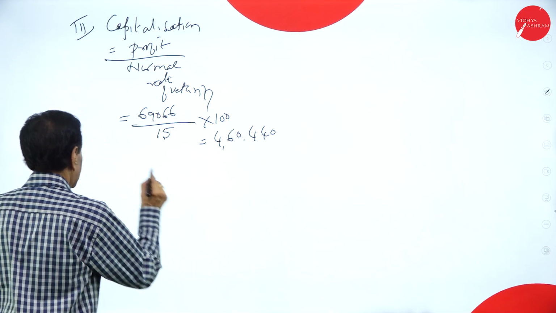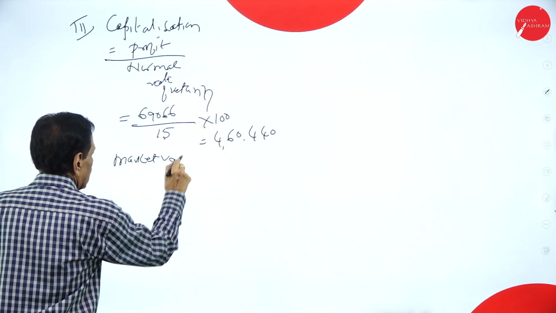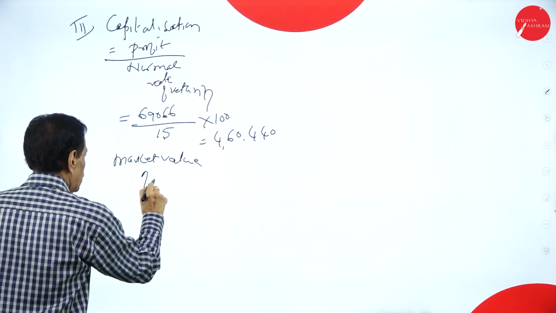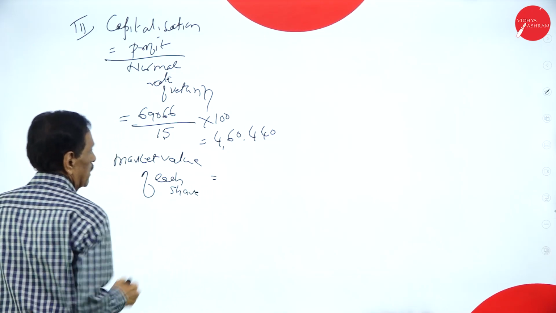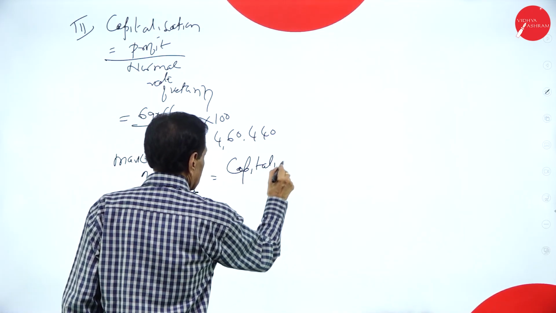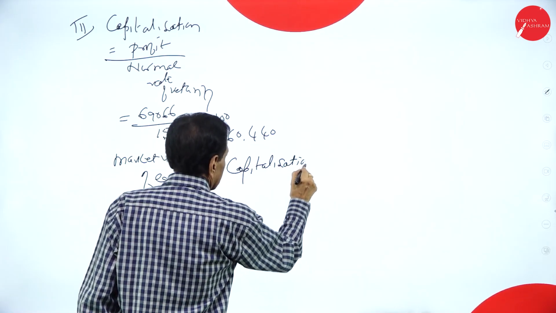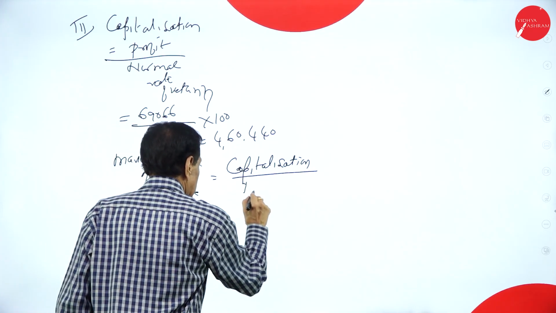Then market value of each share is capitalization divided by number of equity shares.